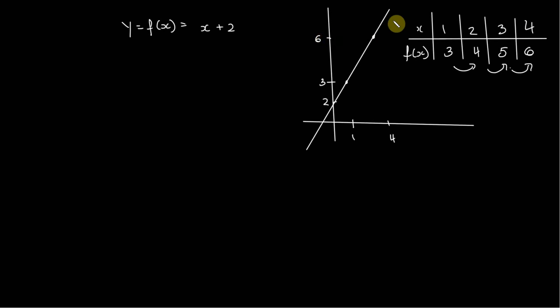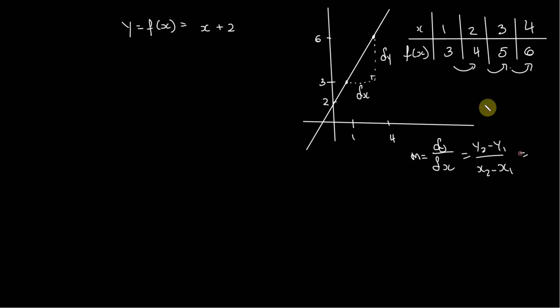And to find the slope of this line, which will be the same at any point, we could just drop an altitude here, and this is a right angle triangle, and we know that this is delta y, this is delta x, and so m, which is our slope, equals, as one should know, delta y over delta x, which is of course just y2 minus y1 over x2 minus x1.